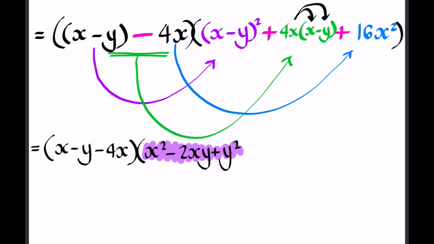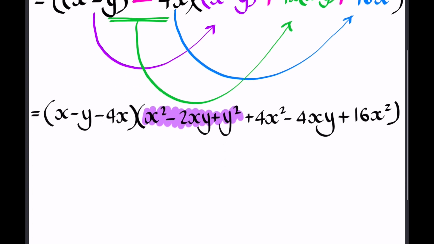That came from the squaring of that binomial. Then this 4x is going to jump into the bracket and multiply with all of that. So I'll have positive 4x times x is positive 4x squared. Positive 4x times negative y is negative 4xy. And then carry down my positive 16x squared.